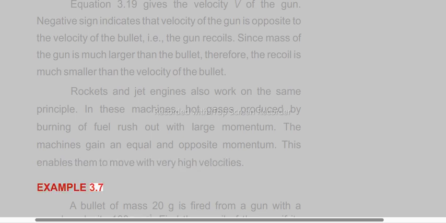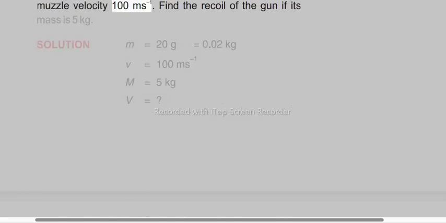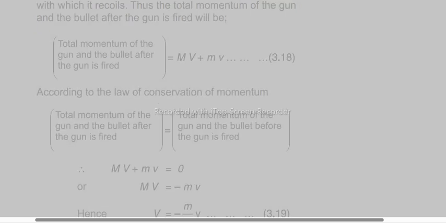Example 3.7. A bullet of mass 20 g is fired from a gun with a muzzle velocity of 100 meters per second. Find the recoil velocity of the gun if its mass is 5 kilograms. Solution. Let V be the velocity with which the gun recoils.